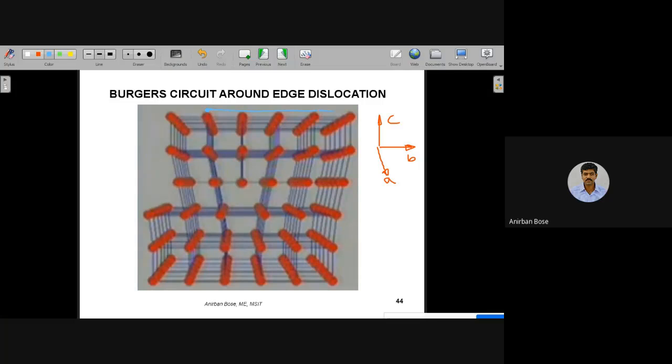First you go up to this point. So how much have you moved? Along the B direction, you see 4. So along B, you have moved plus 4. Next, you go down.